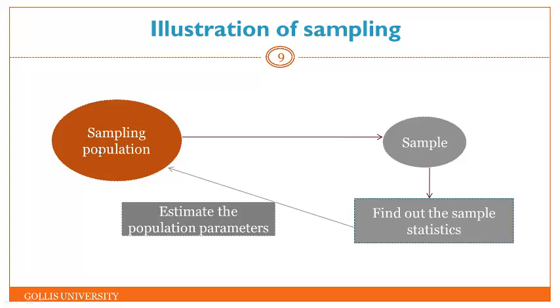We have the sampling population, or the population you are trying to study. From the sampling population, you determine your sample. You can see the sample is a small size that is got from the larger size. And then from your sample, you find out the sample statistics, and the results you get from that, you estimate to the population parameters.